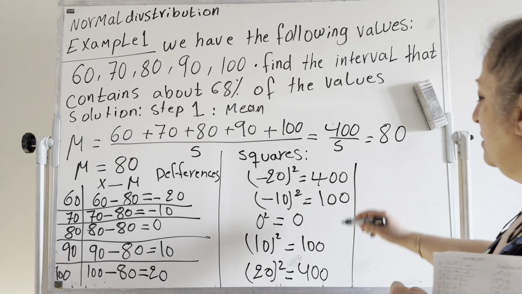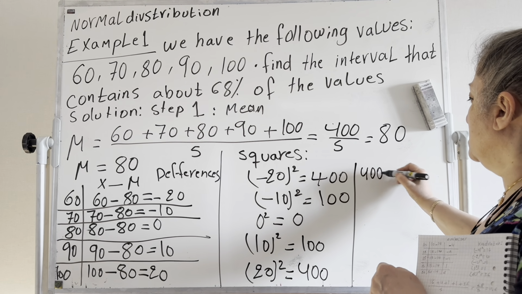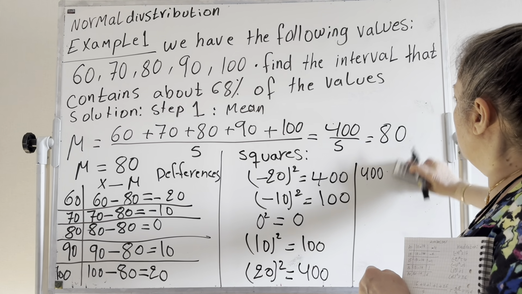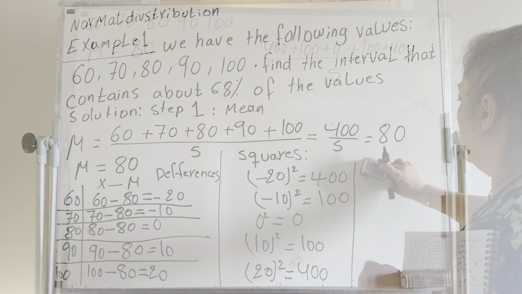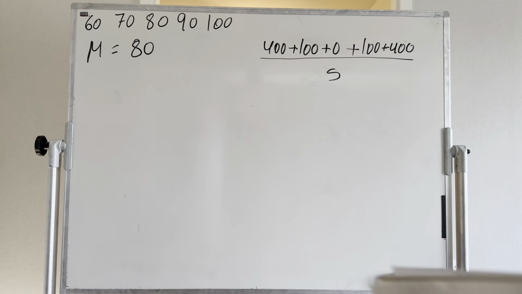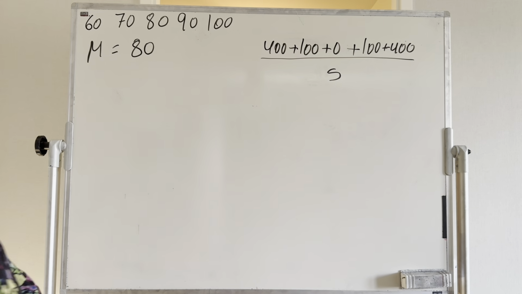I will add all the squares now. We have mu equal 80, and the values 60, 70, 80, 90, 100.